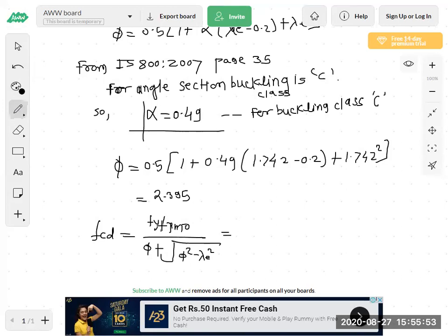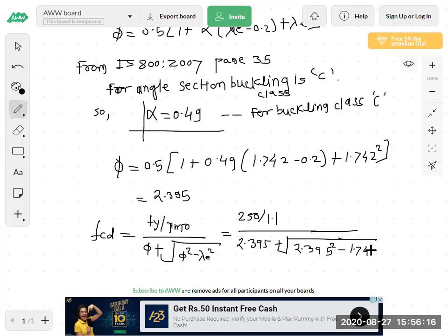Now here Fy is 250, divided by gamma m naught 1.1, divided by phi 2.395 plus under root of 2.395 square minus lambda e square, 1.742 square.